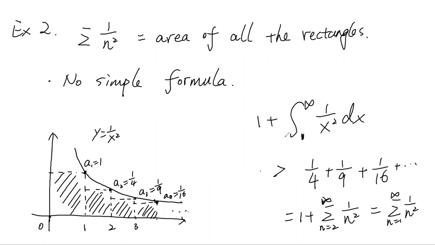So 1 plus the integral of 1 over x squared dx from 1 to infinity is greater than or equal to the sum of 1 over n squared.